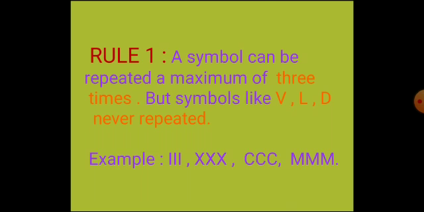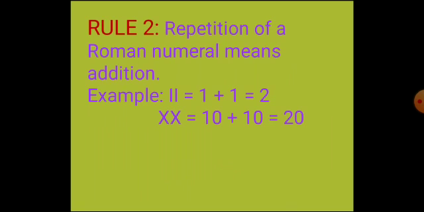Remember it. Next, rule 2: repetition of a Roman numeral means addition. Repetition means we are using the symbol again. Example, II. The value of I is 1. So 2 times here we are using I, equal to 1 plus 1, that equals 2. So the Roman numeral for 2 is II.